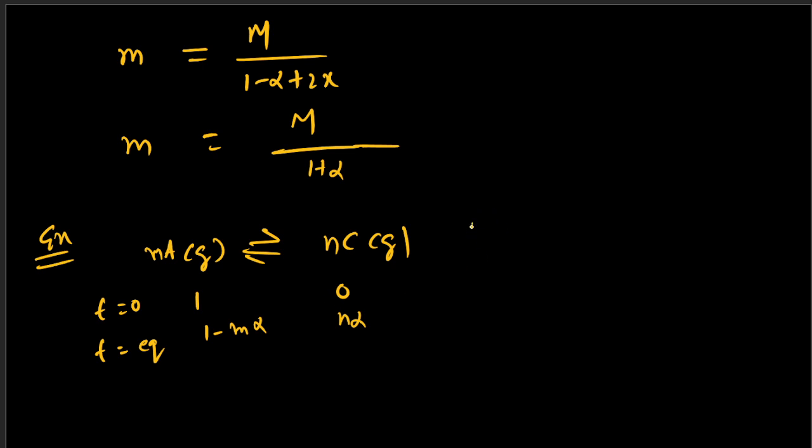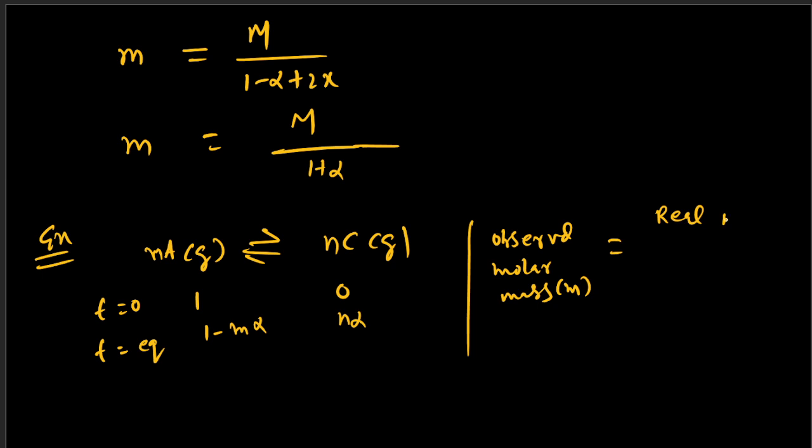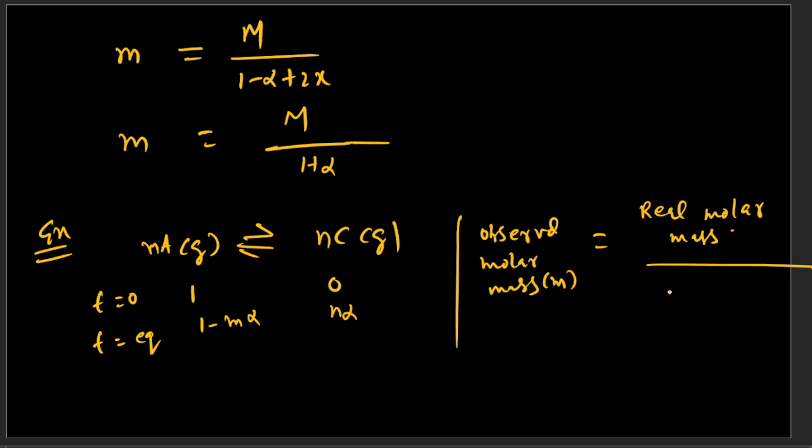Okay, so for this case, the observed molar mass M is equal to the real molar mass divided by the total number of moles. So the total number of moles is 1 minus m alpha plus n alpha. I will take this as m and this as the real molar mass.